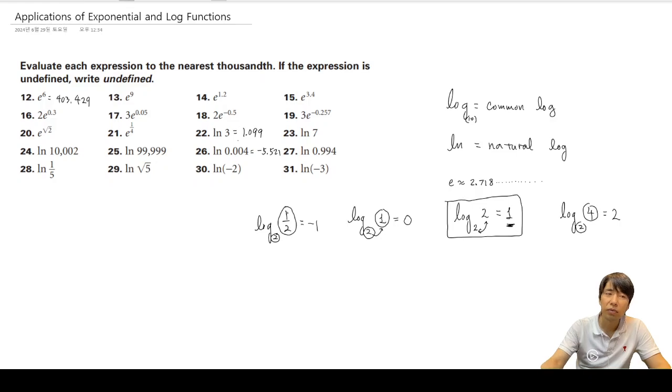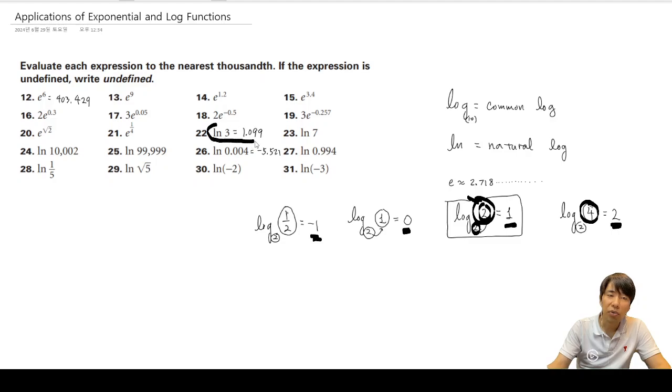So if the number is less than the base, you get a number less than 1, and if the number is greater than the base, you get a number greater than 1. The same thing applies here.